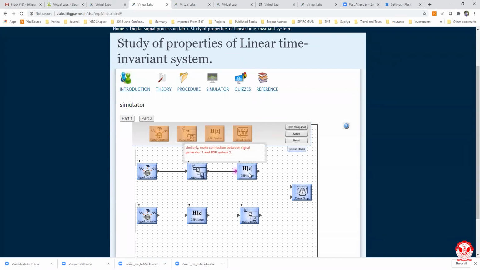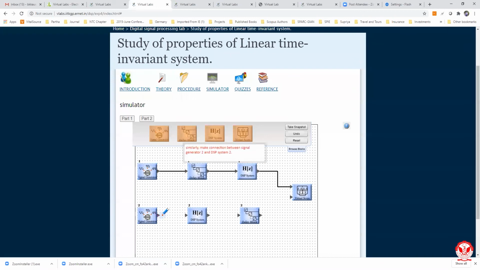So next we have to connect the DSP system to the virtual scope. Connect in this manner. So what we are getting here, xt minus 3, it is passing through, it is yt here. Now this signal is xt, it is passing through the DSP system.